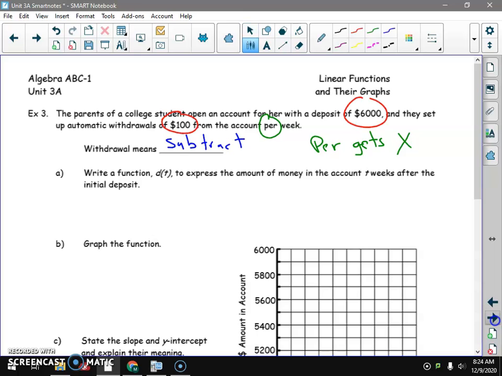And 100 is the per. So it says use D for the deposit. And she starts with 6,000. Withdraw means to subtract 100 per week, 100x. Or you could write Y if you wanted to. I suggested you could use T for weeks, for time. We like X.